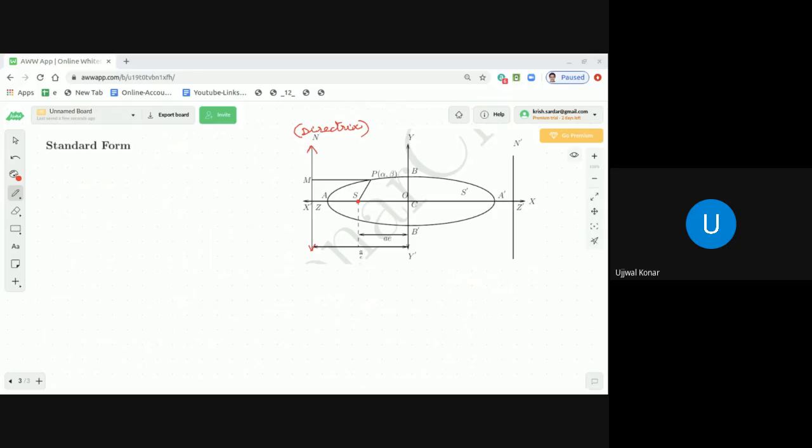What is ZS? It is perpendicular to NZ. That means from the point S, which is the focus, we are going to draw a perpendicular line to NZ.